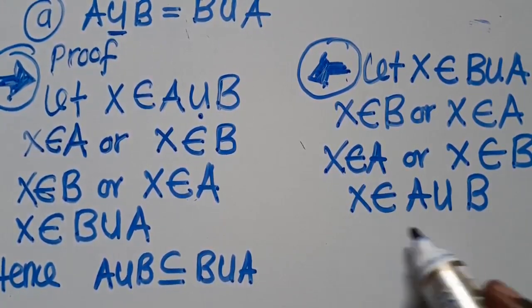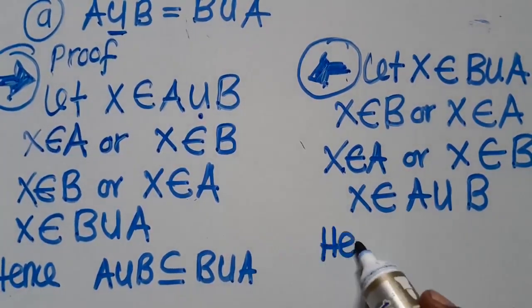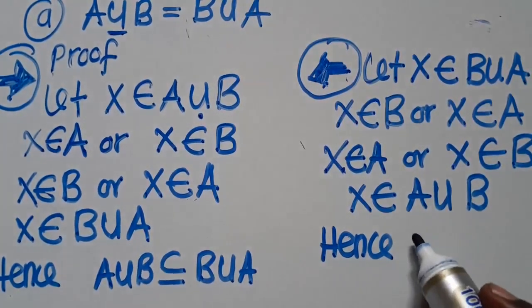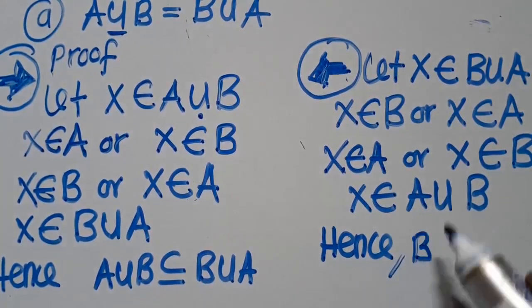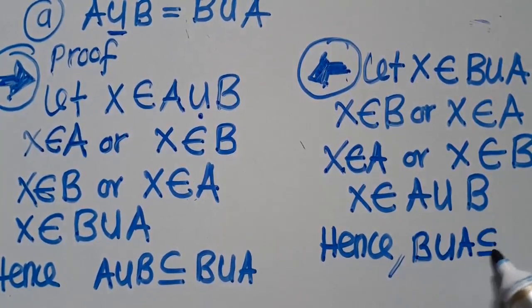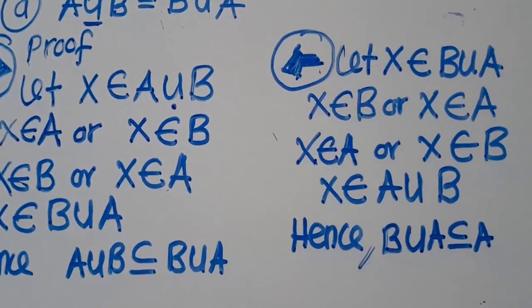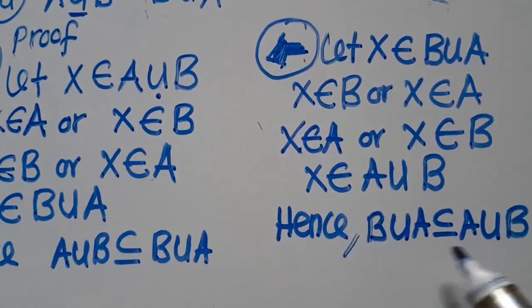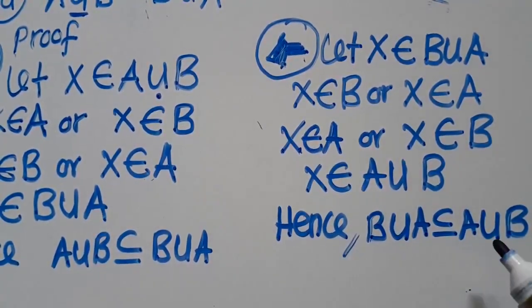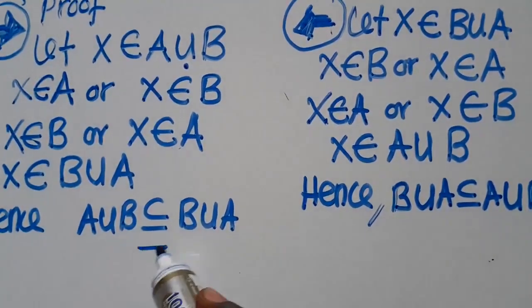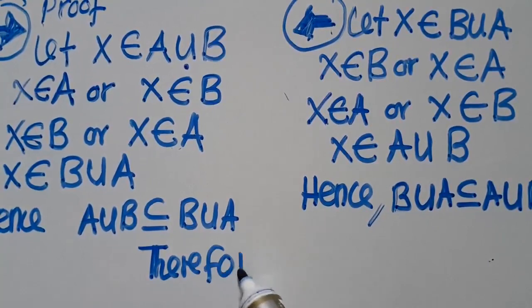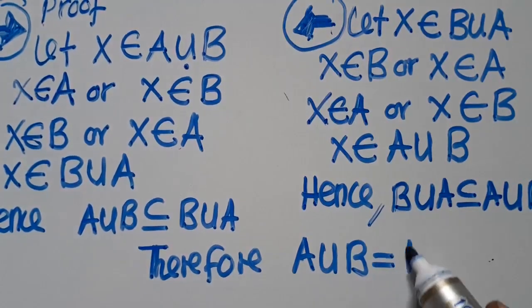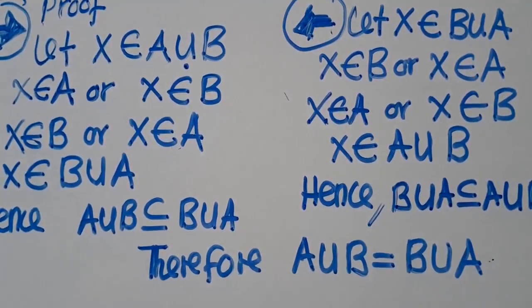Then you say hence, you started with that one on top, so hence B union A is a subset of A union B. Having done this, you now conclude and say, therefore, A union B is equal to B union A. You are done.